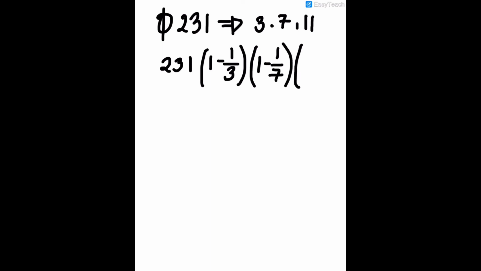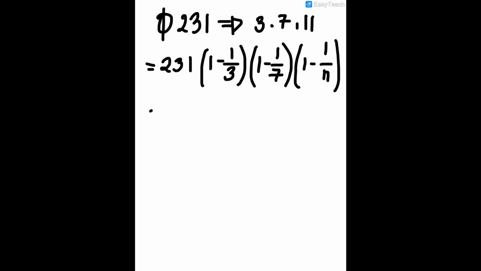Very good. It's 231 times 1 minus 1 over 3 times 1 minus 1 over 7 times 1 minus 1 over 11.